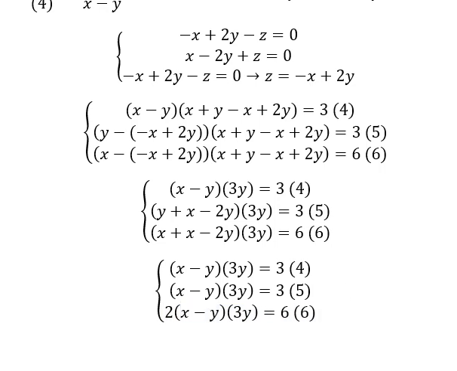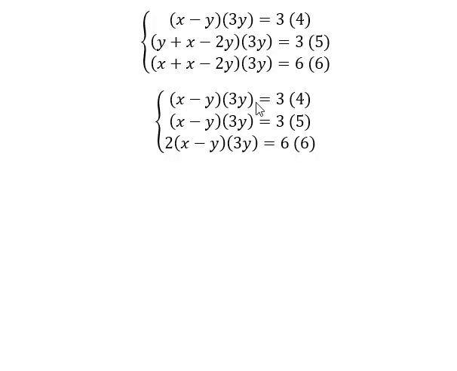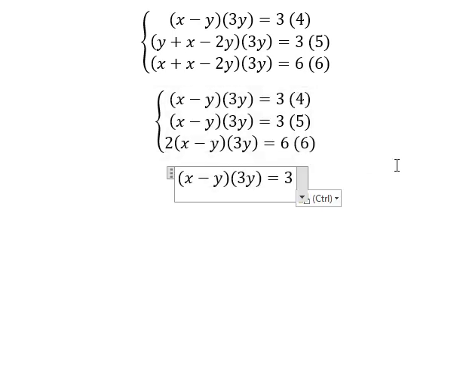So in this case, we can use it to find the relationship between x and y. So that should be 3xy minus 3y squared. Later we divide both sides by number 3.